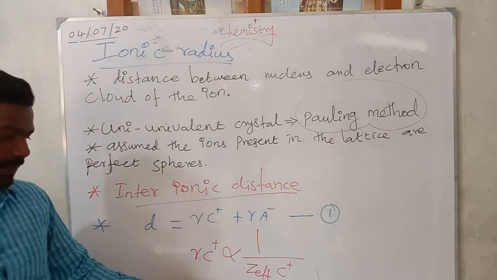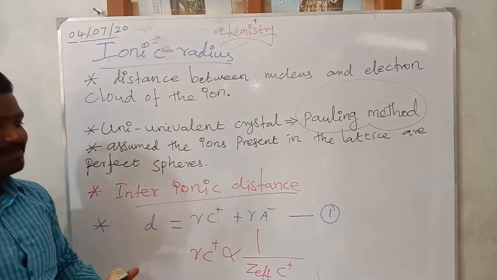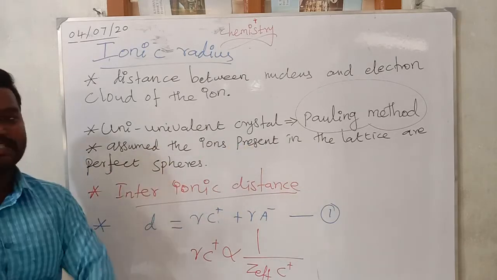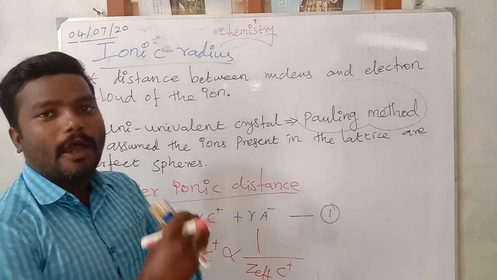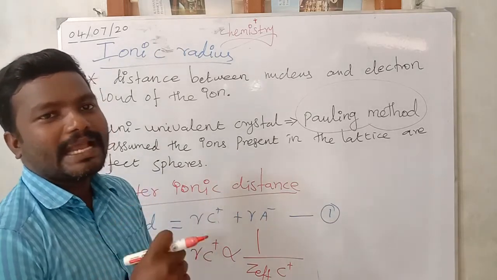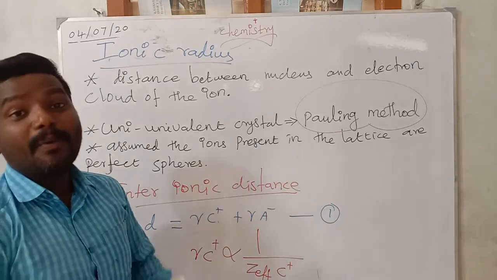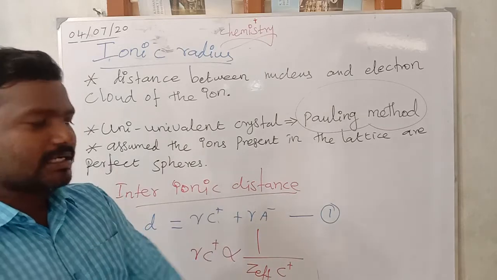Now I can explain, my dear students. Listen, what is his assumption? First assumption: all the atoms and ions present in the lattice become perfect spheres. Another assumption: ions having noble gas configuration. What is noble gas configuration? A completely filled electronic configuration is called noble gas configuration.